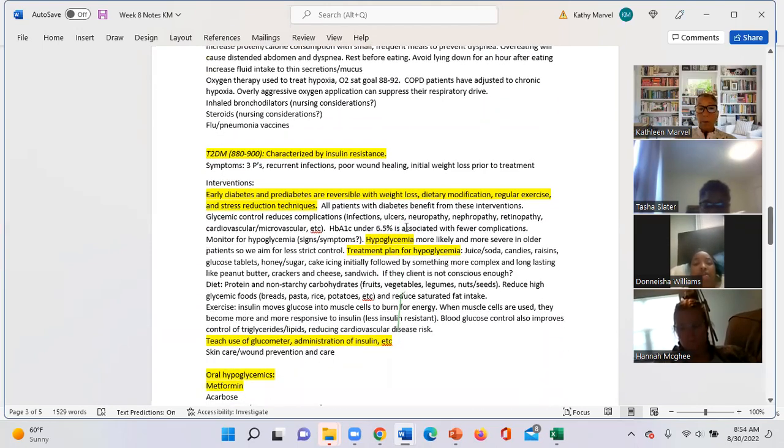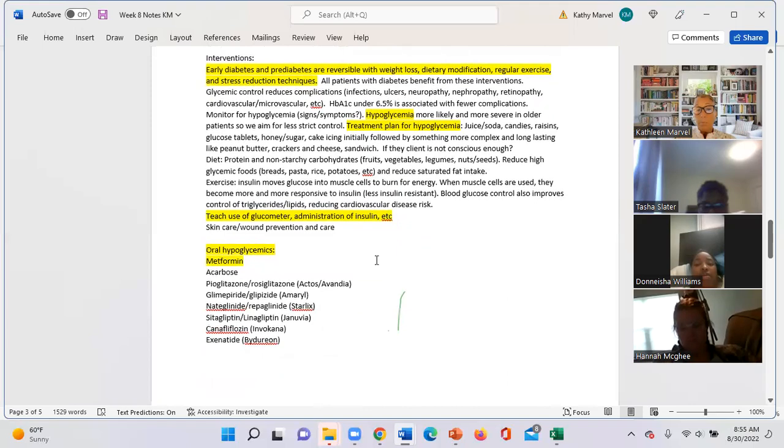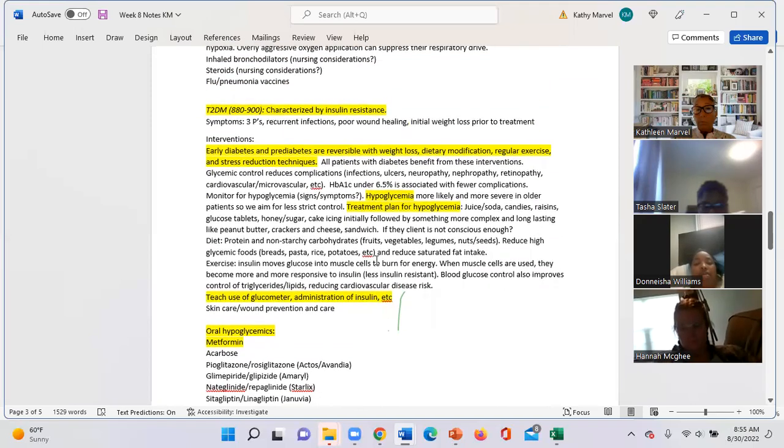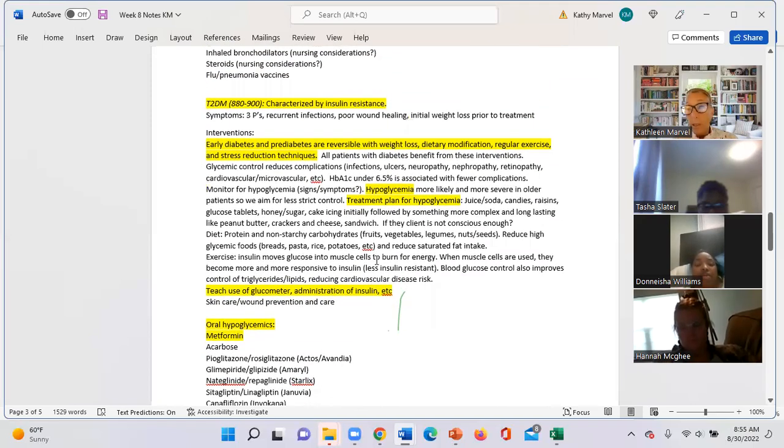And then here's your diabetes. Okay, so we talked about the difference between type 1 and type 2. What might a client present with that potentially is going to be diagnosed with diabetes? What might they present with?